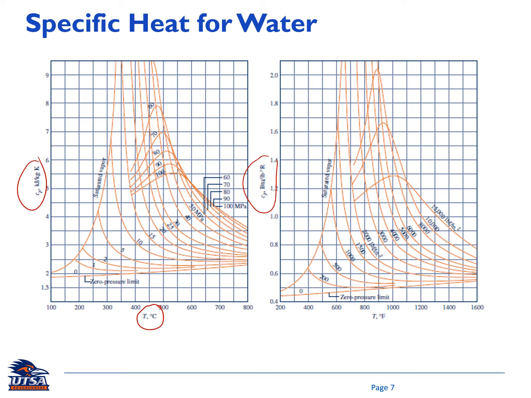The orange line here is a constant pressure line. This is 50 megapascal, and going in this direction the pressure increases: 41, 31, 25, and so on. Similarly, on the right side you also have Cp as a function of temperature and pressure. Once again, try to be familiar with this figure or tables A19 up to A23 to get the Cp of different materials.